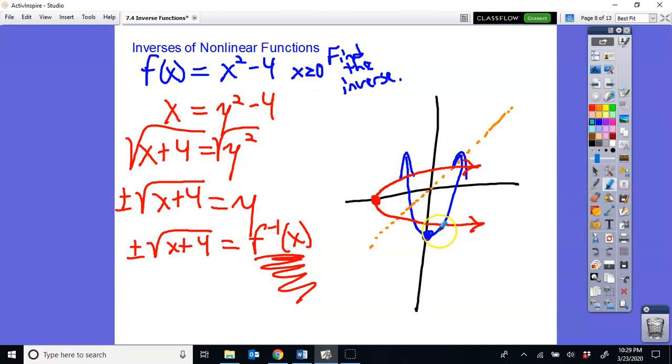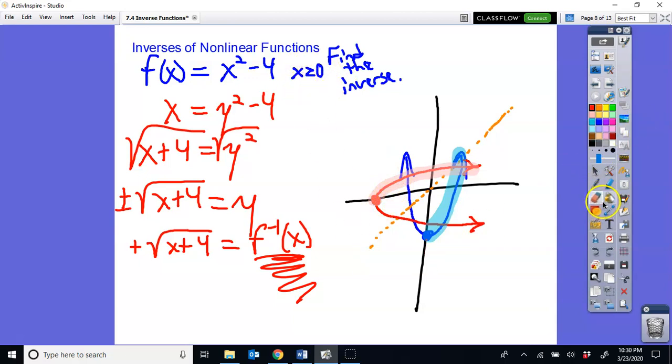That means only the right-hand side of that original parabola. Then when it flips, it would be this part, the positive part. Because what happens when you switch x and y is that would take away this negative and be just the positive root, because the y values would now be bigger than or equal to 0.